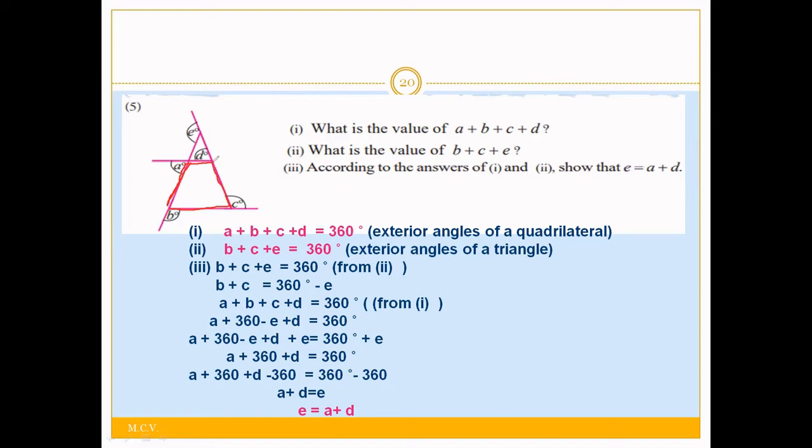In that one, if we produce this line, this line, this line and this line, so A, B, C, D. A is here, B, C, D, like this.